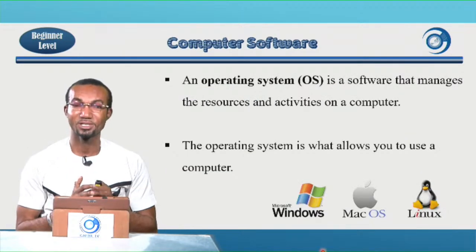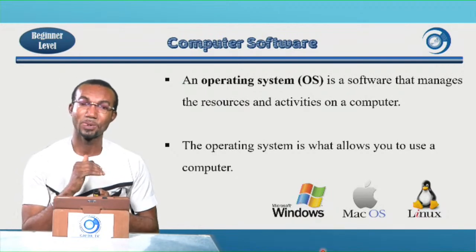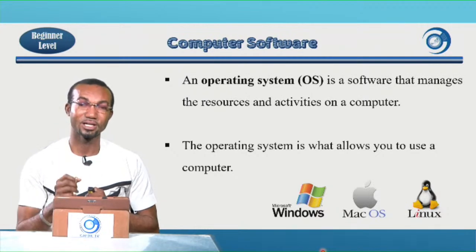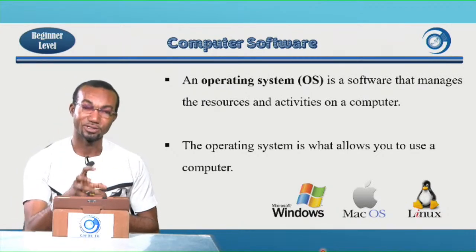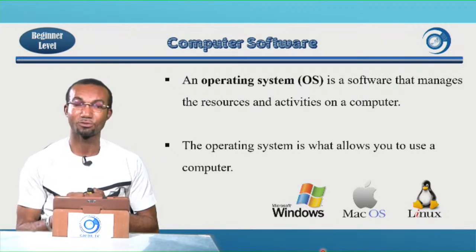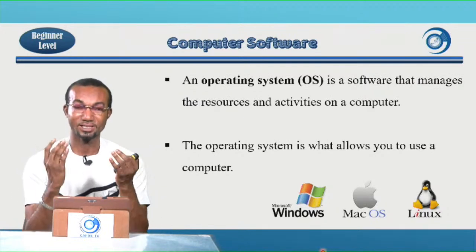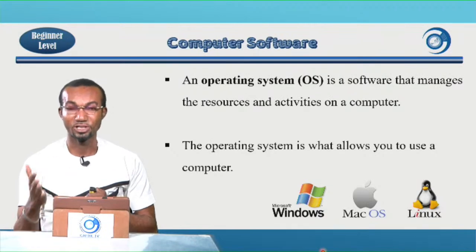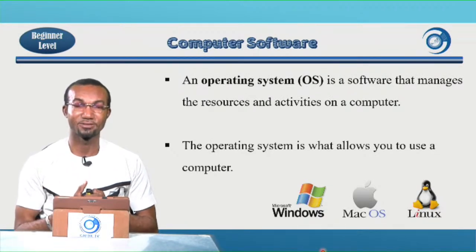An operating system is software that manages the resources and activities on a computer. If you take the system software, we have three: the operating system, the utility software, and the device drivers. The major one is the operating system, before the utility software and the device drivers.